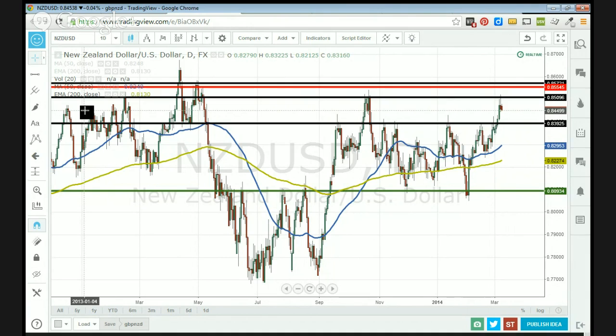Yeah, short 85. Well, I don't think so because this is interesting. Just to share my thought process here, it's an interesting short setup right here.